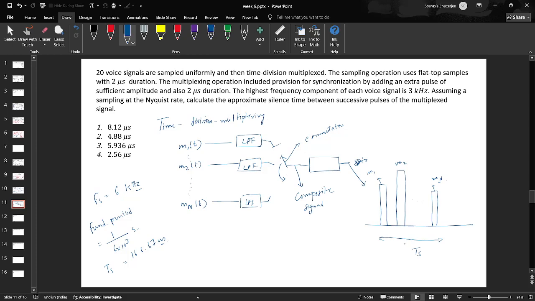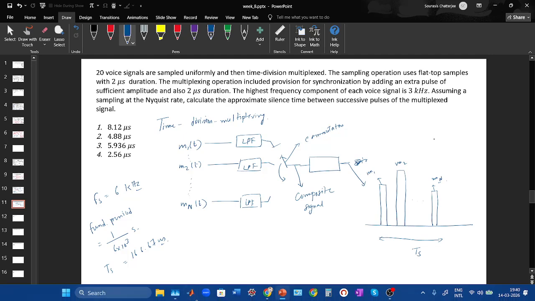So within this 166.67 microsecond, you need to accommodate all 20 voice signals plus one extra pulse.